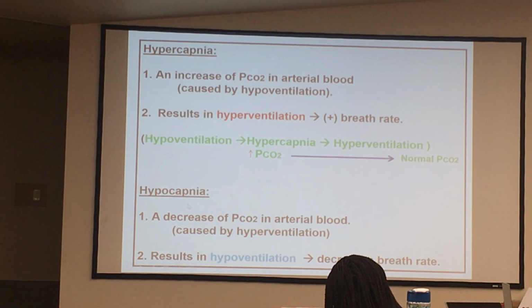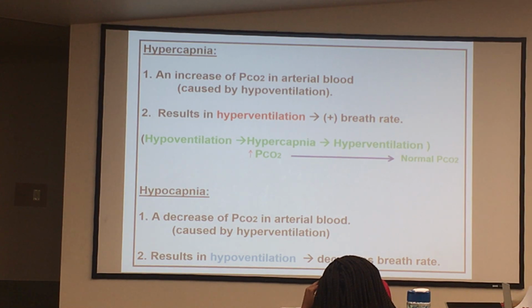The other case is the opposite, hypocapnia, decreased CO2 in the artery. Usually a very rare case. It is only caused by hyperventilation. If I do it this way, for let's say one minute, my CO2 will decrease.